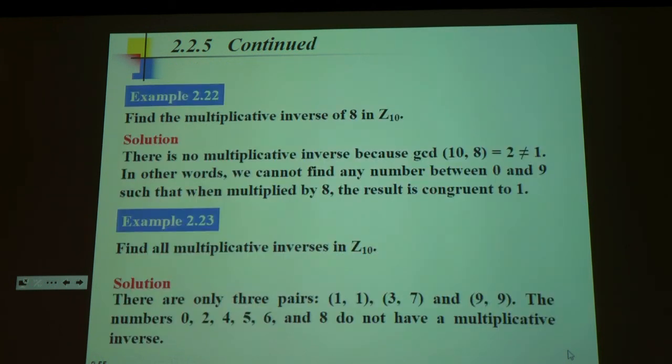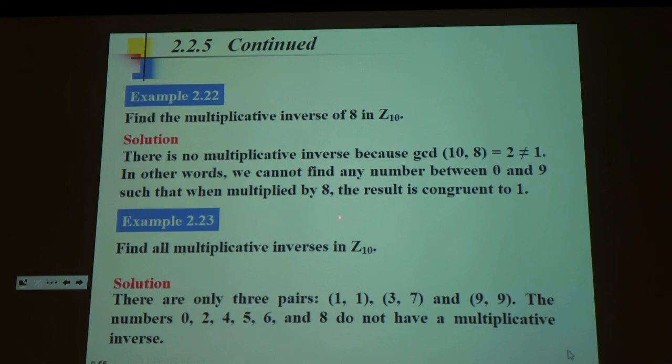Let's take an example: find the multiplicative inverse of 8 in Z10. What number, multiplied by 8 and then reduced modulo 10, gives you 1? There is no multiplicative inverse because the greatest common divisor of 10 and 8 equals 2, not 1. So the condition to have a multiplicative inverse is that the greatest common divisor has to be 1.